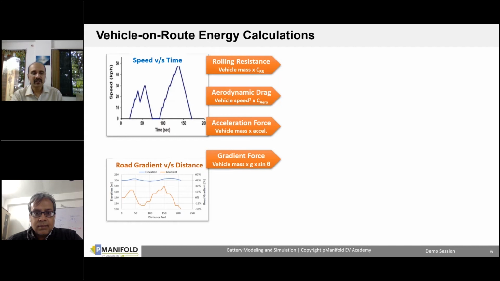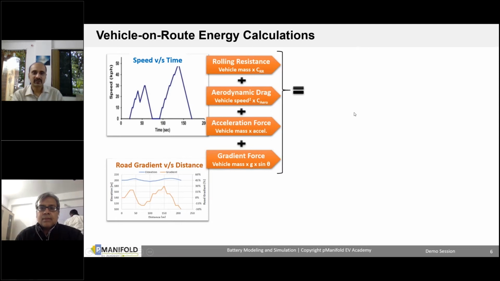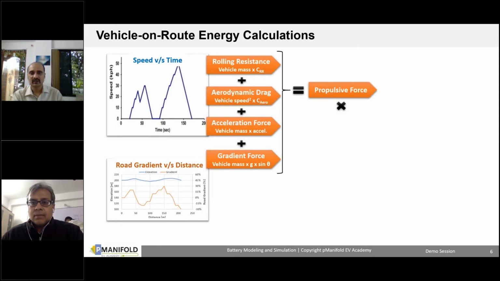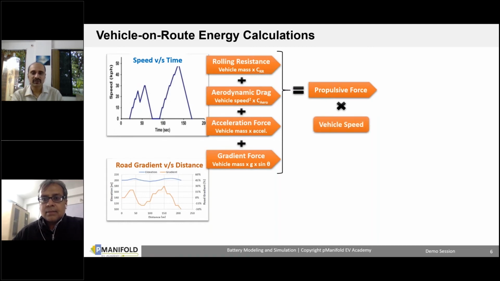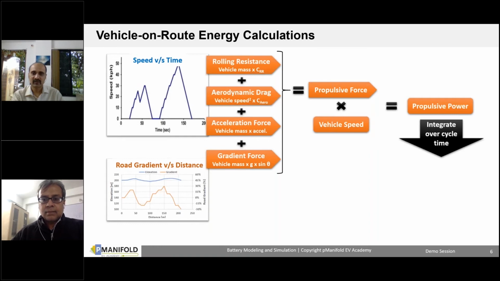And using that profile, you can calculate the various forces acting on the vehicle, and you balance those forces. To get the desired acceleration, or to maintain the desired speed, you would have a propulsive force required, and that times vehicle speed is basically the power required at the wheels, right?